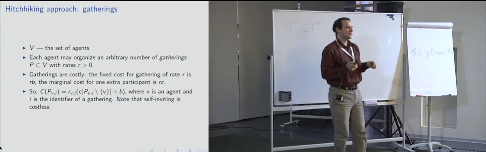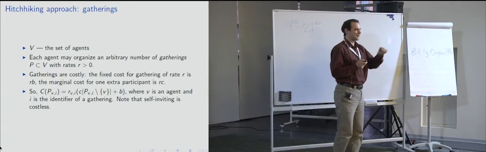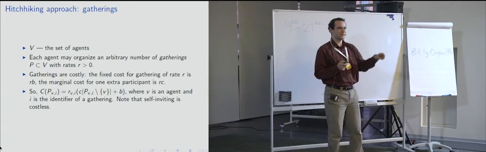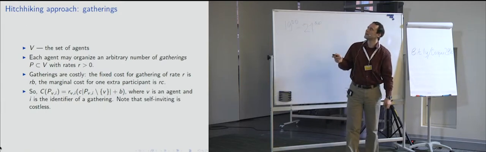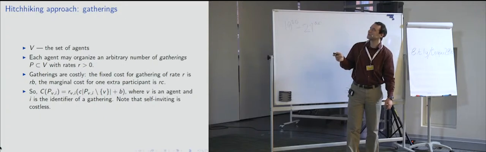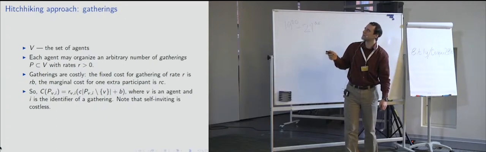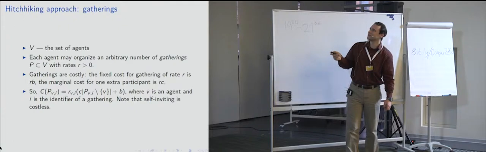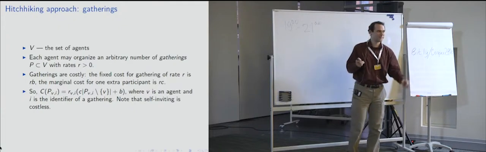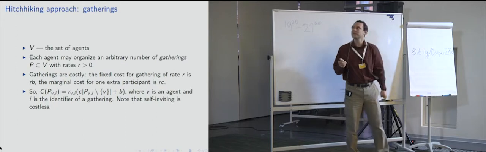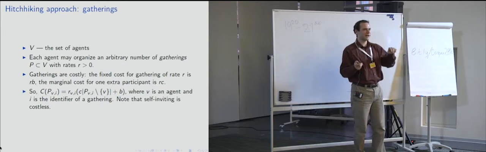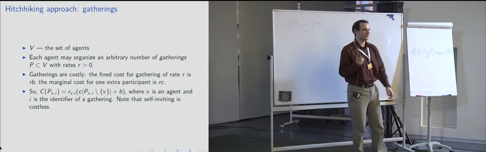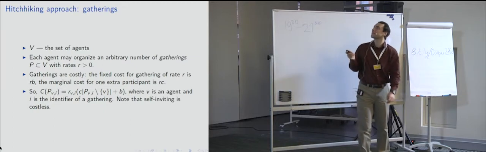Each agent may organize many different gatherings with different rates, so the total cost of one gathering is its rate times the fixed cost plus the marginal cost multiplied by the number of invited persons. And the total cost of one agent is the sum of costs of all gatherings organized by her.